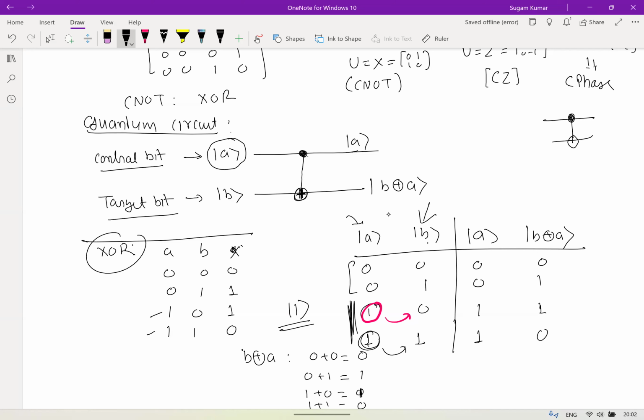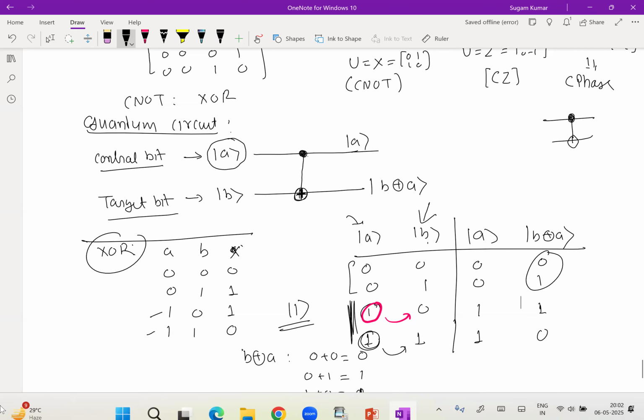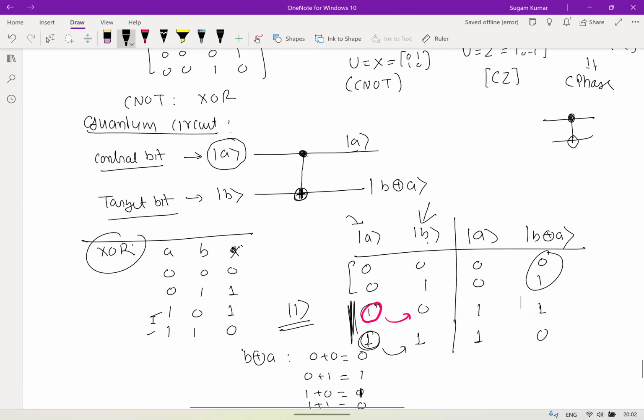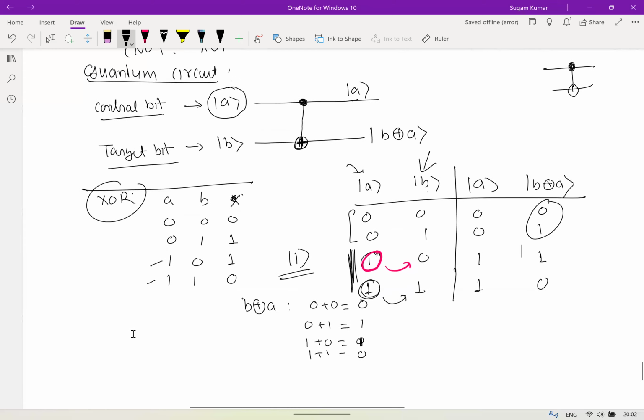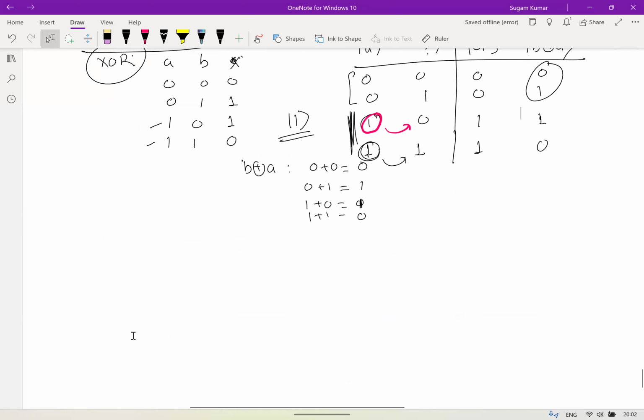Otherwise, if not, then it will leave the target qubit as such. This is what is called the control NOT gate. All right, clear this part?